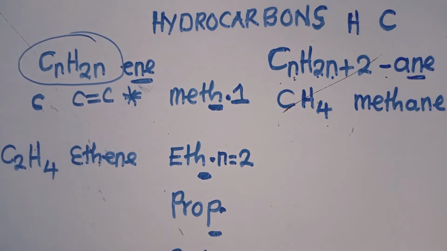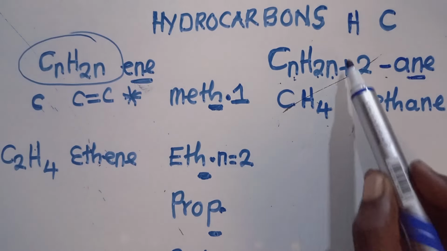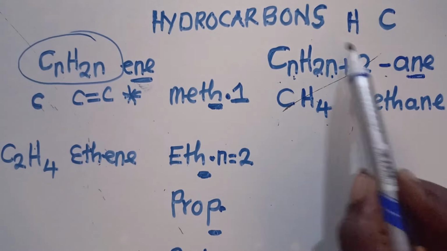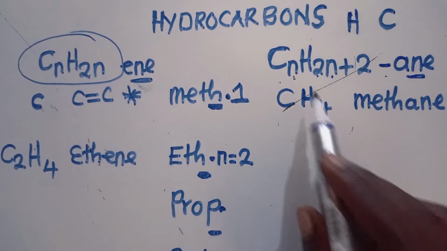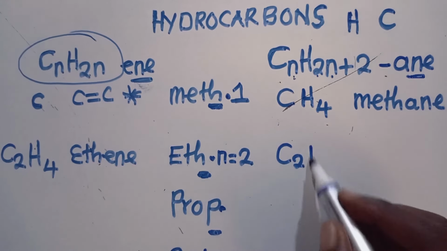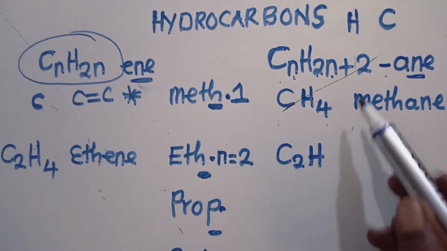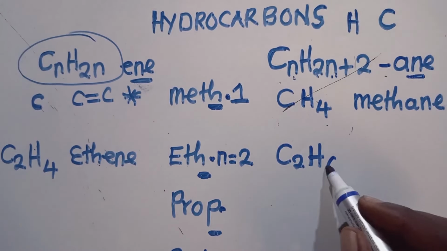So these are some of the things that I want you to get. When we go to this, we are following this general formula. So n is 2. I say C2, I say H, n is 2, 2 times 2, 4, plus 2, 6.